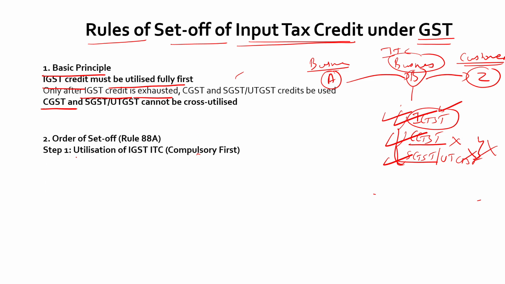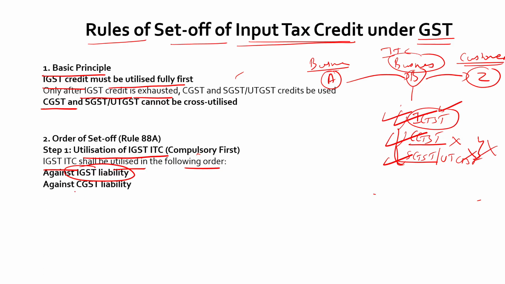The first order of set off, step 1, is compulsory utilization of IGST ITC first. IGST ITC shall be utilized in the following order. Whenever you pay IGST to any businessman as input tax, this credit needs to be set off first against CGST, then SGST and UTGST.